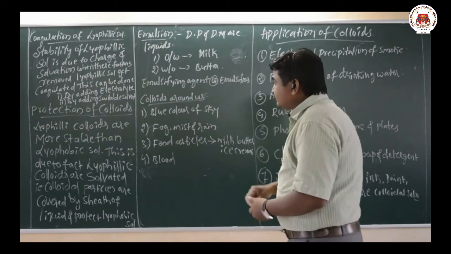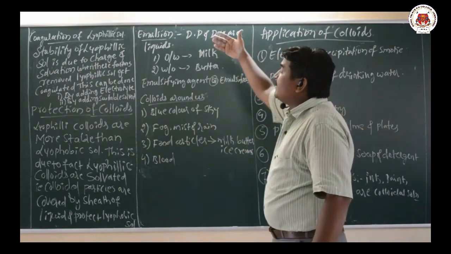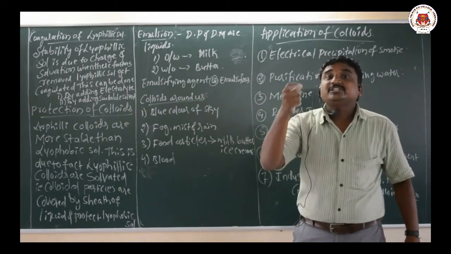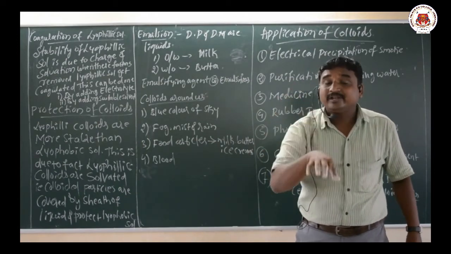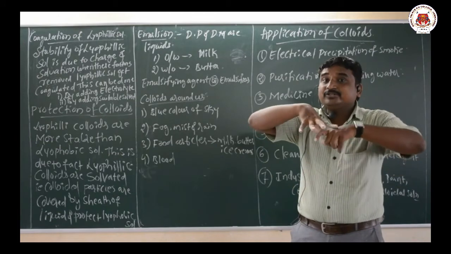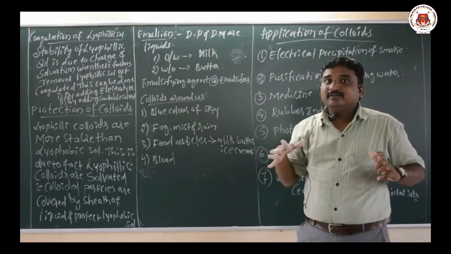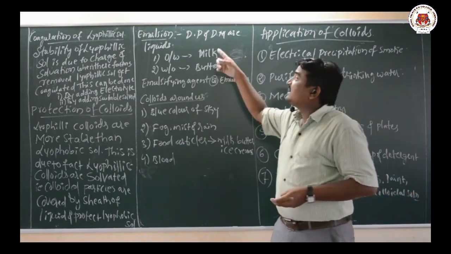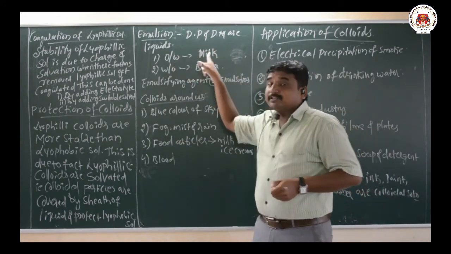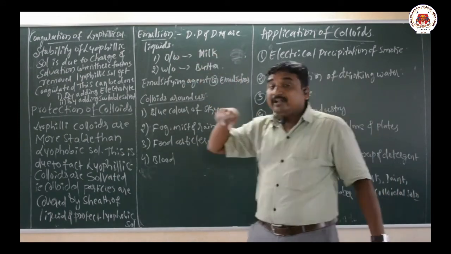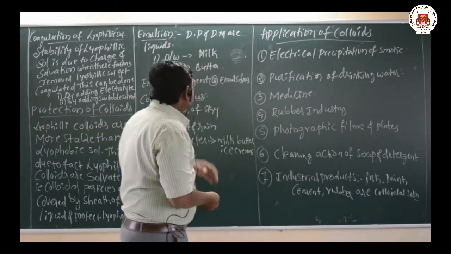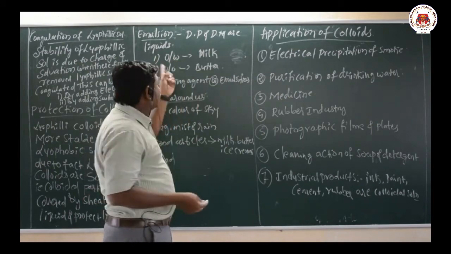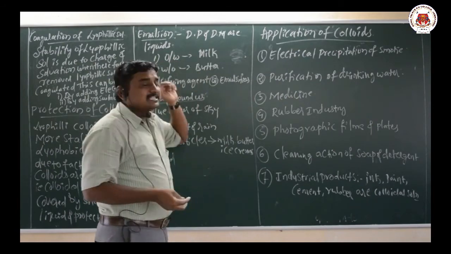Now the next concept, emulsion. Emulsion means that the dispersed phase and the dispersion medium are both liquid. That means liquid is dispersed in liquid. Here we have two types of emulsion: the first is oil in water type and the second is water in oil type. For oil in water type the example is milk, and for water in oil the example is butter.